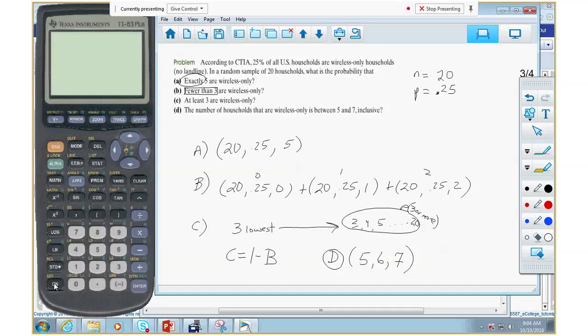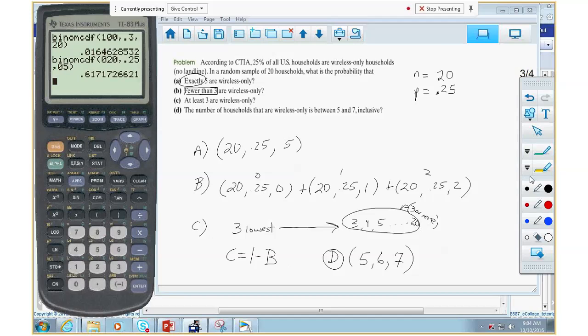So, hit on, second entry, and I'm going to type in 20, 0.25, second insert 5, and here I'm going to type in 0.5, and enter. I got 0.62. What'd y'all get? Good. So that's equal to 0.62. And I can't write with the mouse. Not one more time.